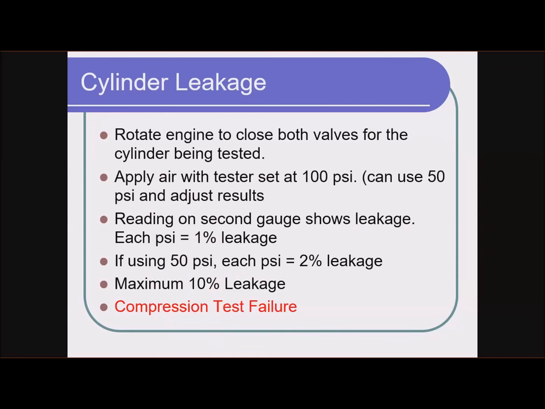You could have scored cylinder walls, so even brand new rings wouldn't be able to seal. You could have compression rings that have lost their tension from overheating or something like that, or they're stuck from carbon, or they're just worn. I've seen pistons with holes in them, so the pressure is going right through the top of the piston down into the crankcase.